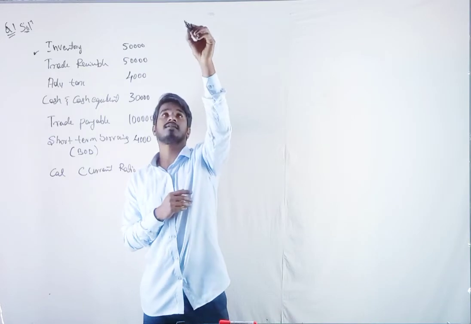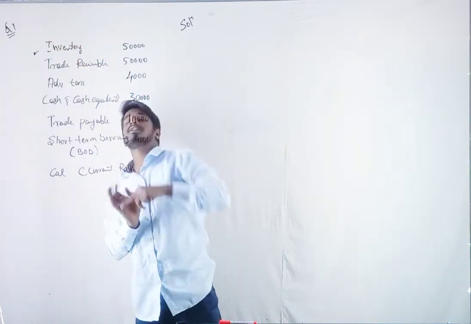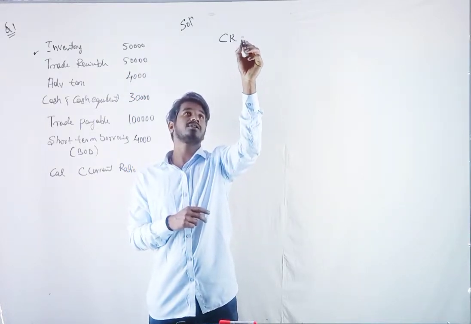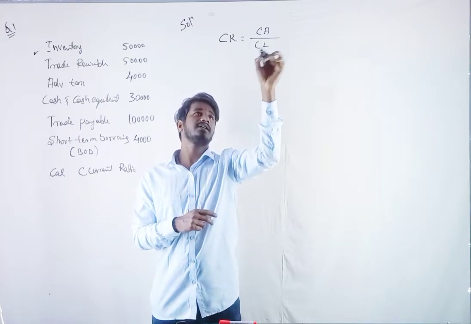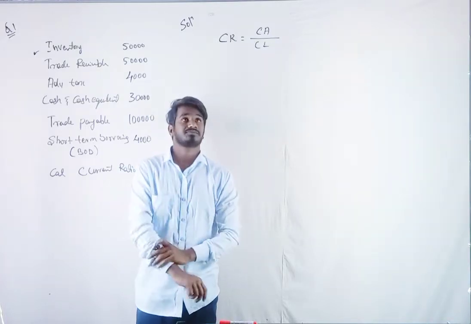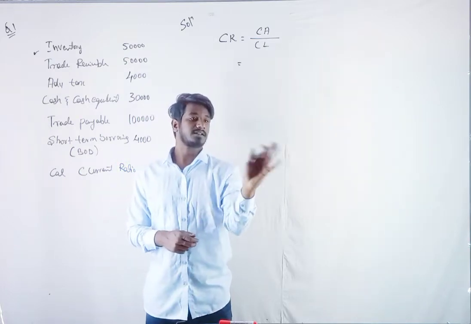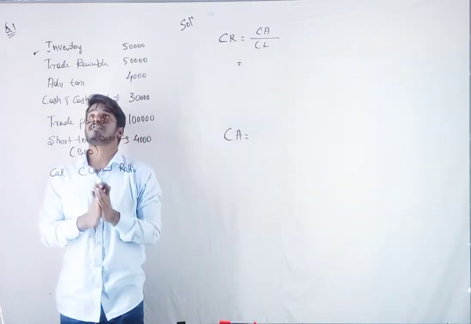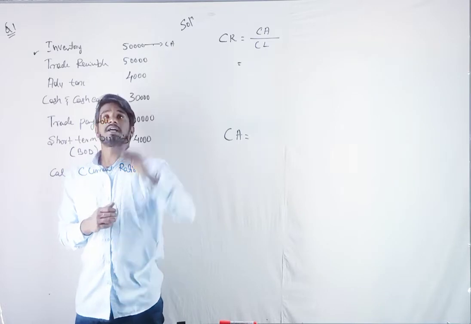What is the formula for current ratio? Current ratio is equal to current asset divided by current liability. So how will you calculate current asset? Current asset is what they have given. Inventory is obviously your current asset.